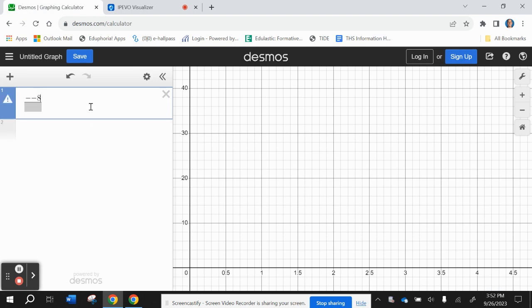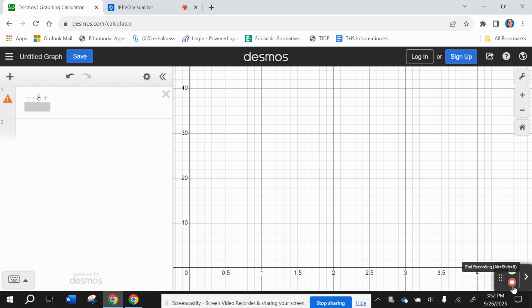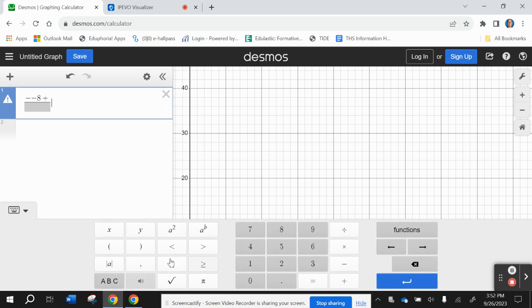Negative 8. Let's do plus first. Plus, there should be a square root right there. Yep. Oh, wait a second. Stay up in the denominator.